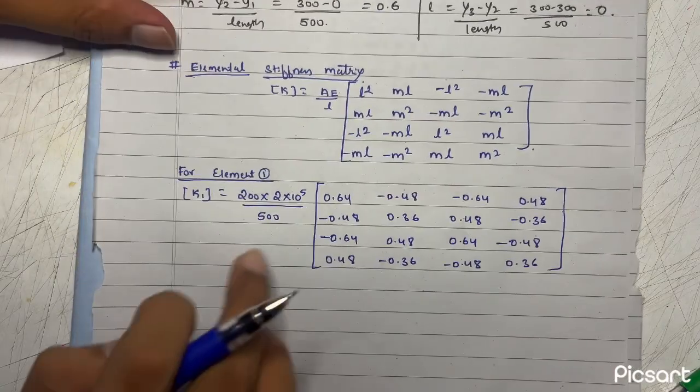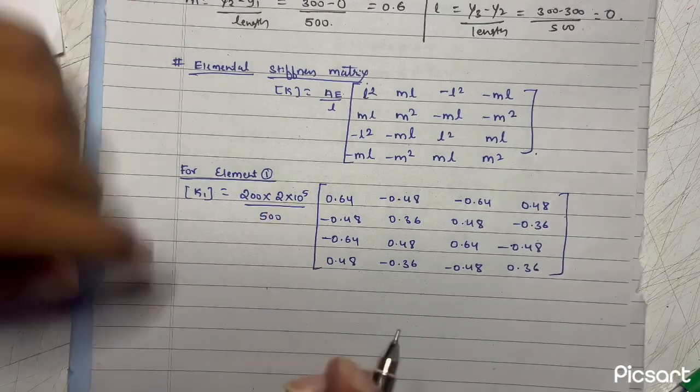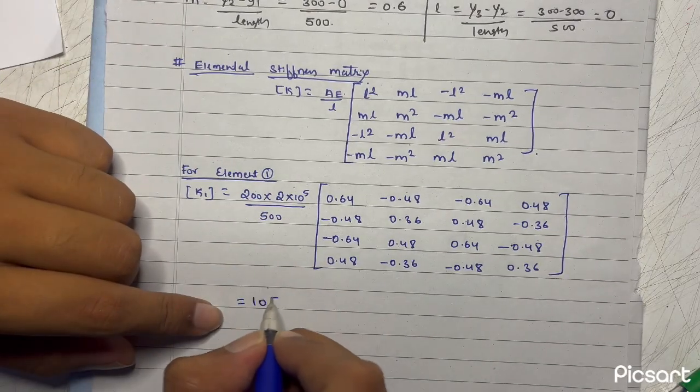Now we have to solve this with the help of a calculator. After solving, we'll get 10 raised to 4 outside.